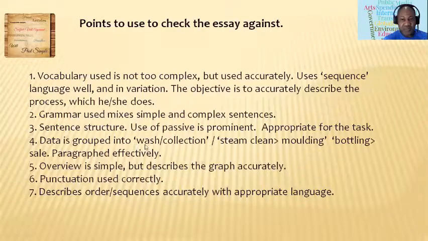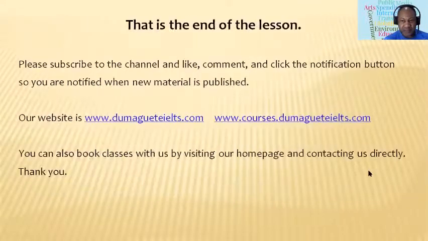The data is grouped into three: wash, collection, steam clean, molding, bottling, sale. Each paragraph is used effectively. The overview is simple but describes the process accurately. Punctuation is used correctly. And then it describes order and sequences accurately with the appropriate language. They're the things that you've got to make sure that your essay follows, all of these points.